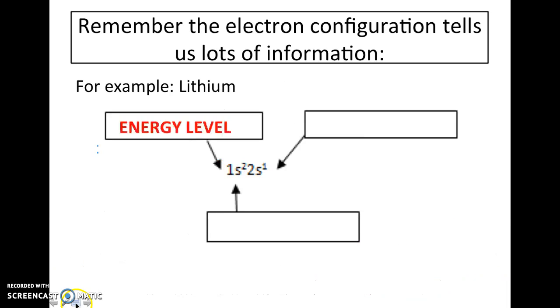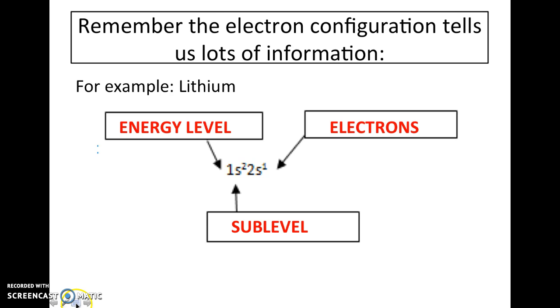Remember, my coefficient is the energy level. My S represents what? It represents my sublevel, and those superscripts or exponents represent what? My electrons. So there's a lot of information in the electron configuration.